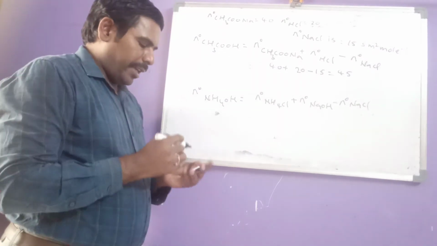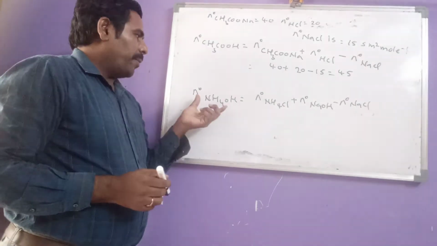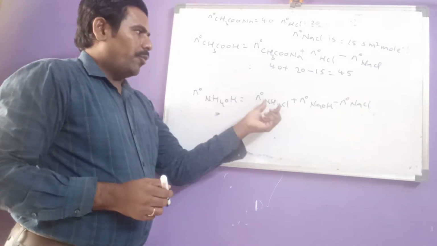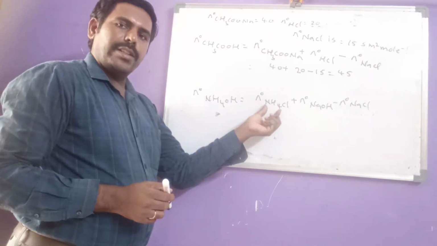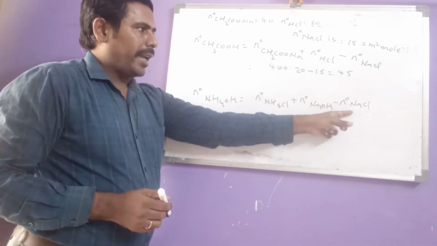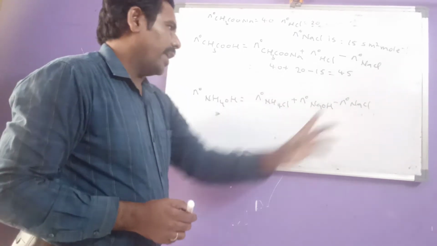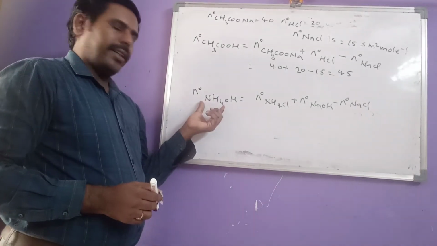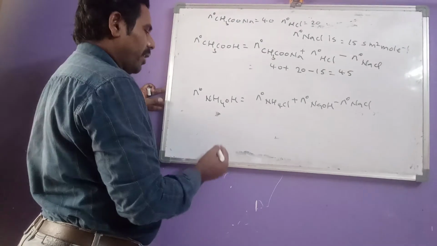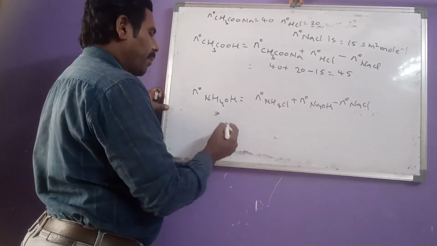Now in a similar way, to determine Λ naught of NH4OH value, we have to add Λ naught NH4Cl to Λ naught NaOH. We have to subtract Λ naught NaCl. Then we can get Λ naught of NH4OH. So now one question for this type of problem.